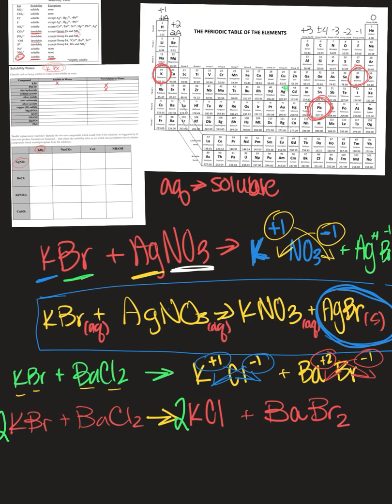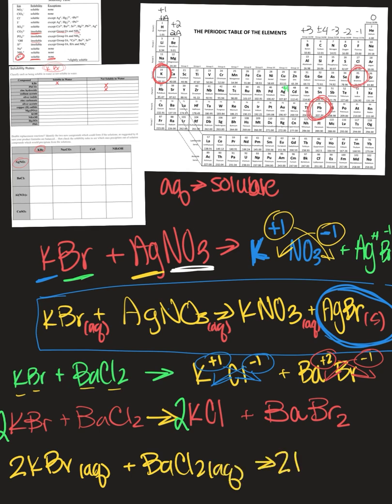All right, now looking at our states. On the left side, KBr is going to be aqueous and BaCl2 is aqueous. Now, who can tell me about KCl? Aqueous. Why do you vote aqueous? Because Cl is soluble.